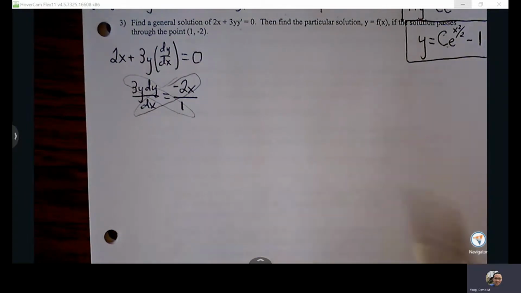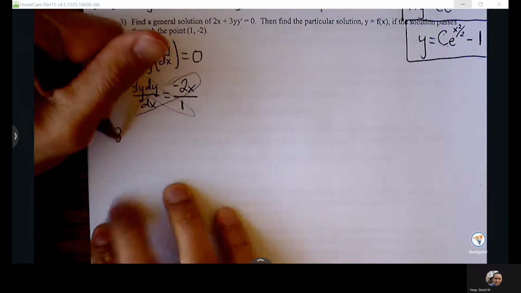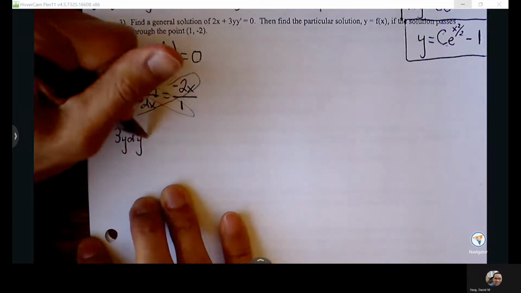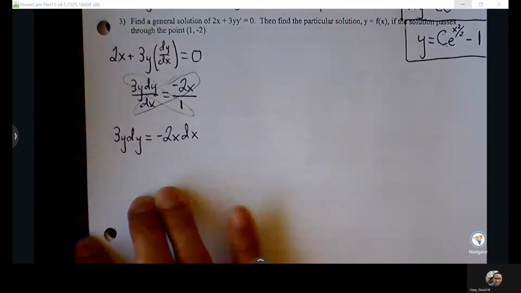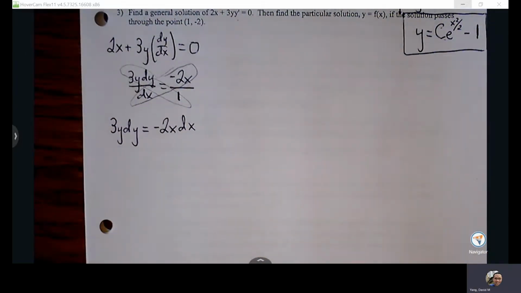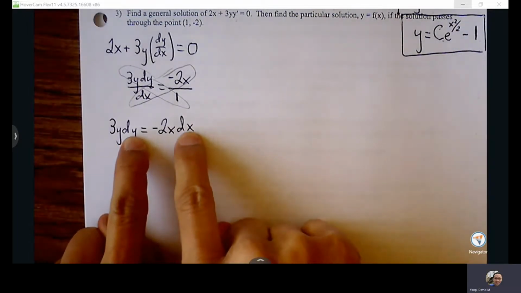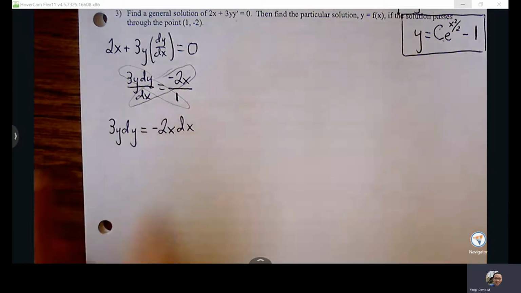Okay, cross multiply. 3y dy equals negative 2x dx. Look at dy and dx, they should always be in the numerator. Make sure those are always in the right spots.